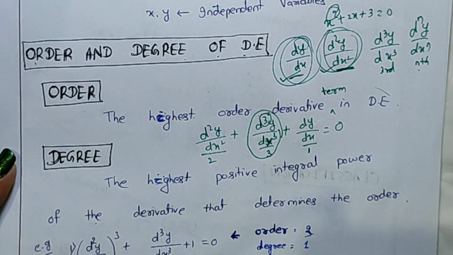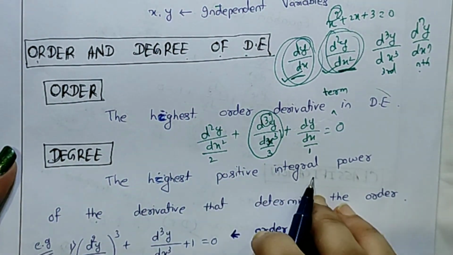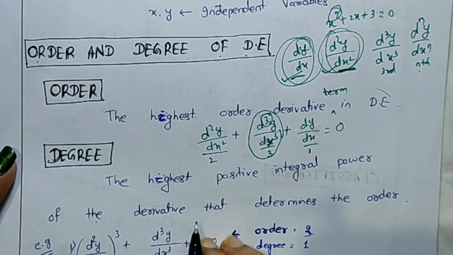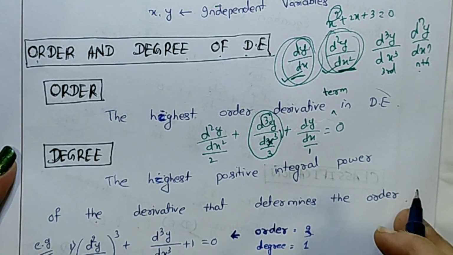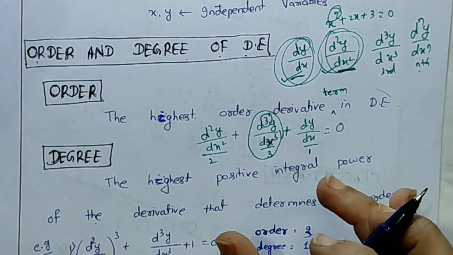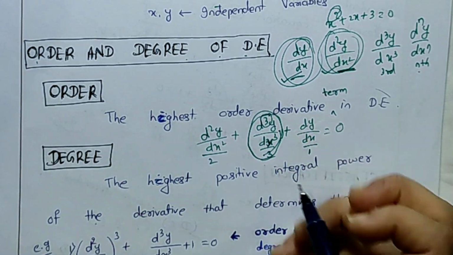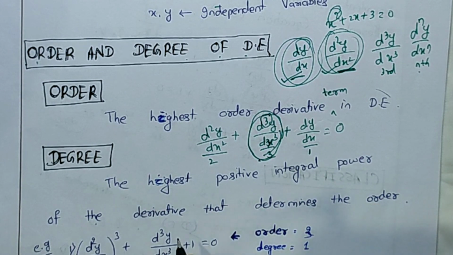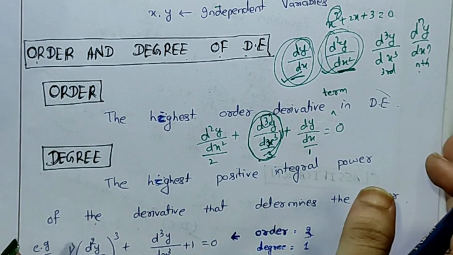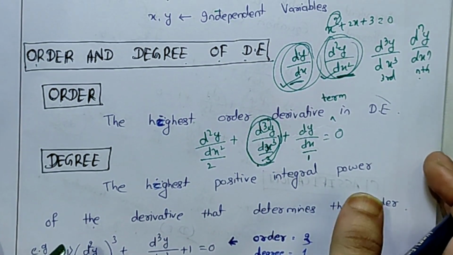So what is degree? The highest positive integral power of the derivative that determines the order. The term which determines the order, the power of that term is the degree of the differential equation. Okay, understood.